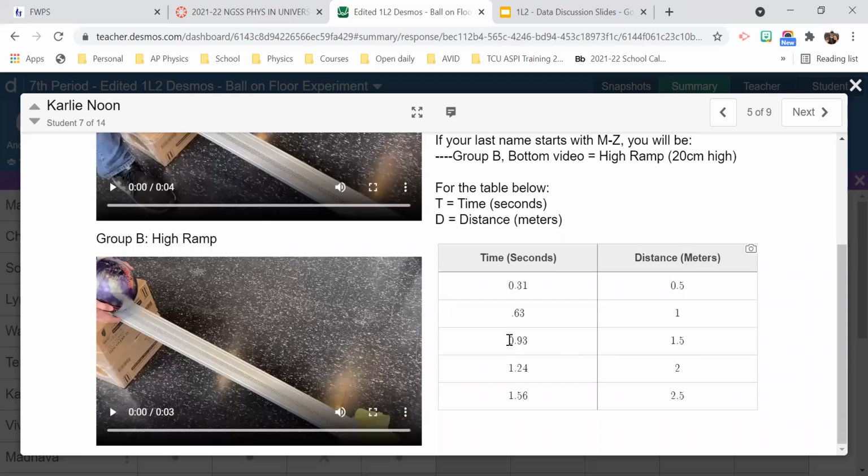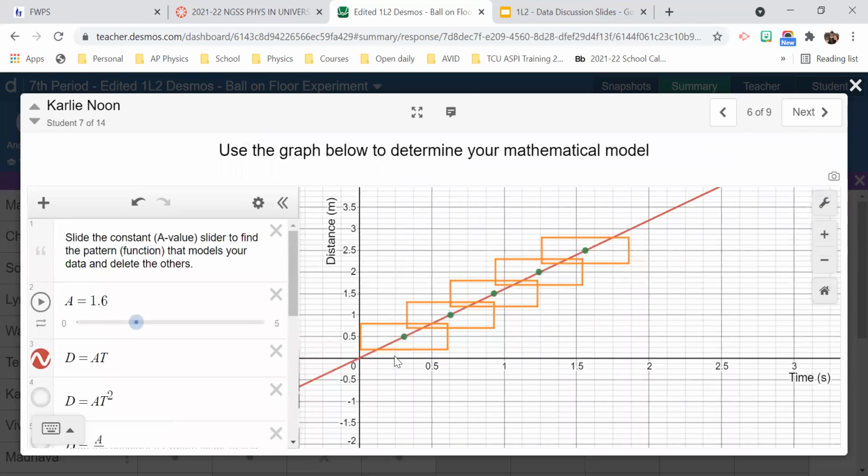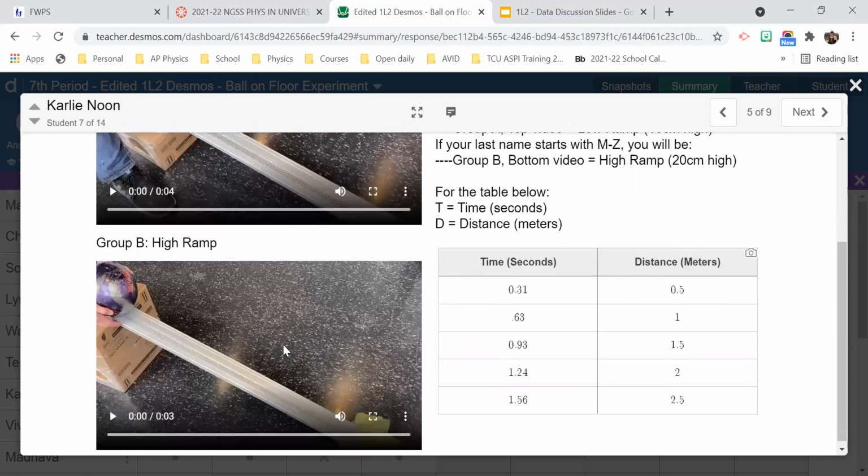And that next half meter, it goes from 0.9 to 1.2. And then from 1.2 to about 1.5. So it's increasing at a rate of 0.5 meters every 0.3 seconds. Again, if you took data on the bottom graph, yours is going to be different.